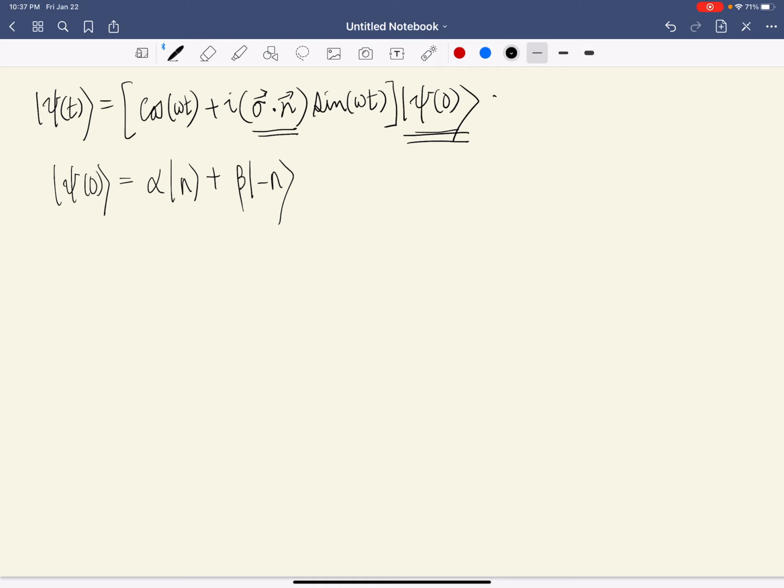But in that case, the time evolution would give one kind of phase factor for the n state and the other kind of phase factor for the minus n state. And so then it will no longer be simply n or simply minus n, but a mixture of the two.